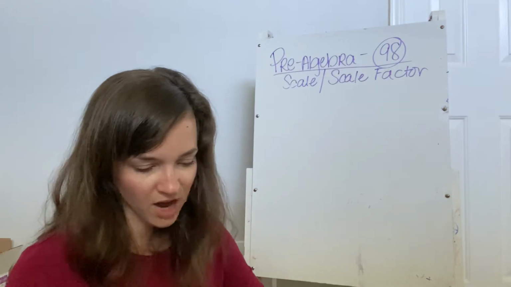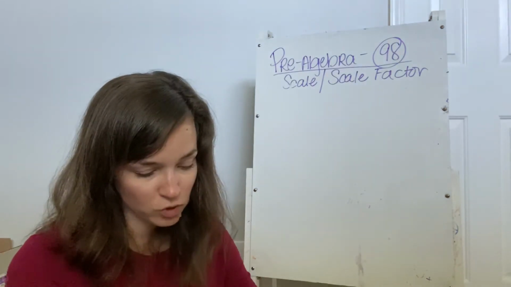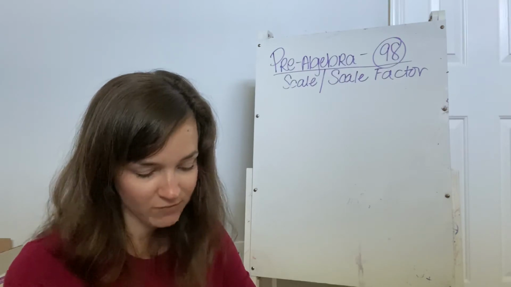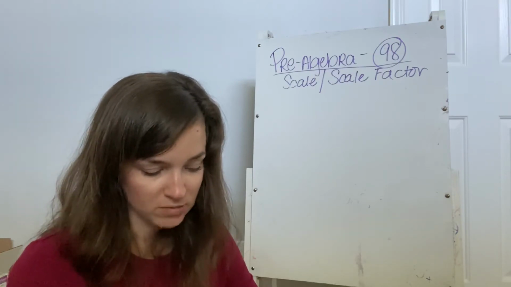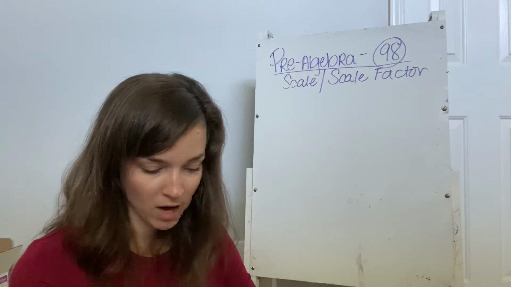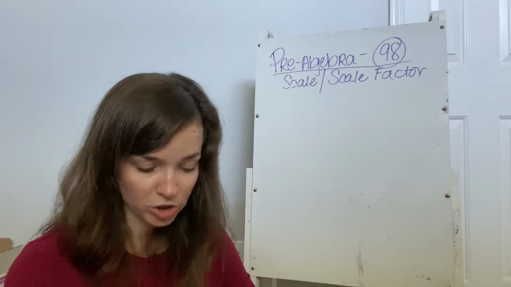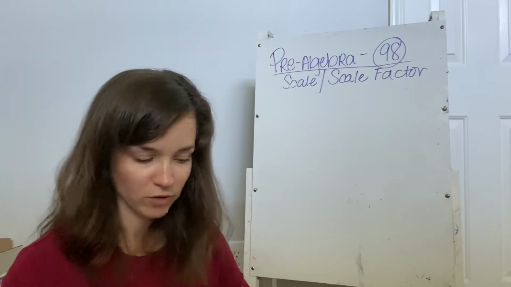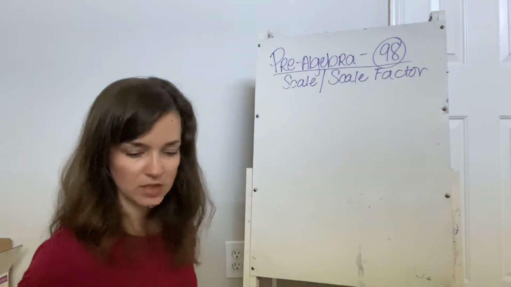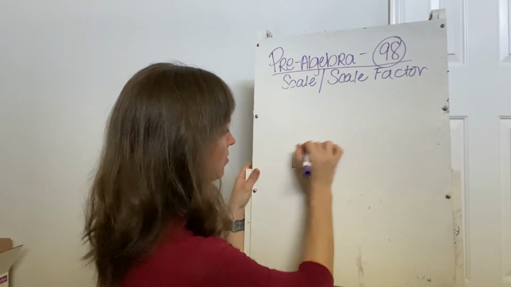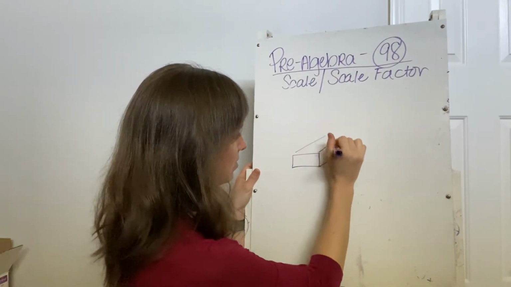Example 5 says the smaller of two similar rectangular prisms has dimensions of 2 by 3 by 4. The larger has dimensions of 6 by 9 by 12. What is the scale factor from the smaller to the larger rectangular prism is the first question. Okay, so let me just sketch these out real quick, just so that we have a rough idea.